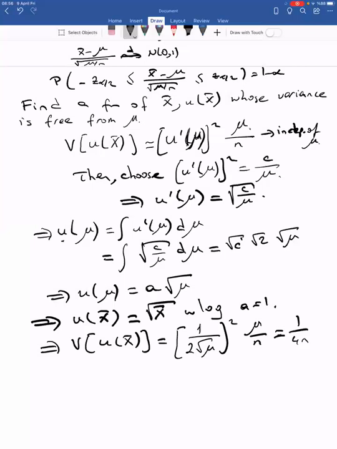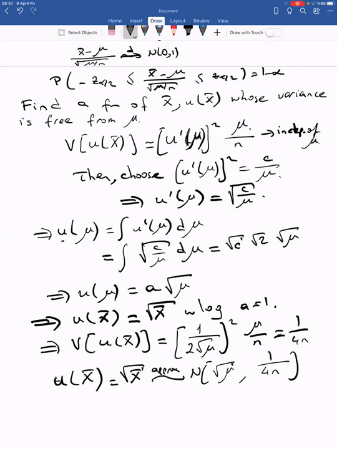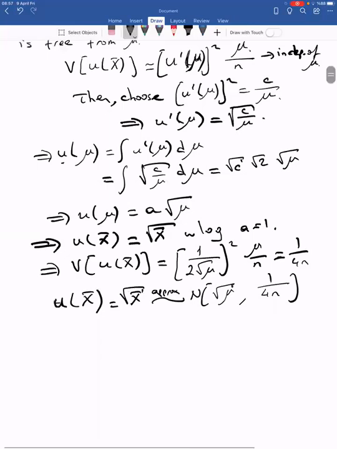So when we consider the approximate distribution of our u of x bar, which is the square root of x bar, it is approximately normally distributed with the square root of mu as the mean and the variance 1 over 4n. Then we can easily generate an interval for the square root of mu.